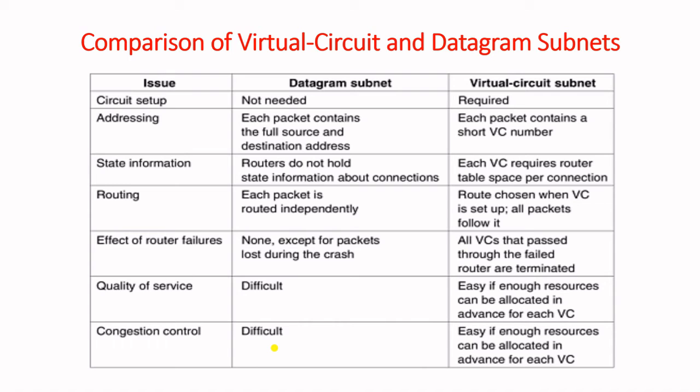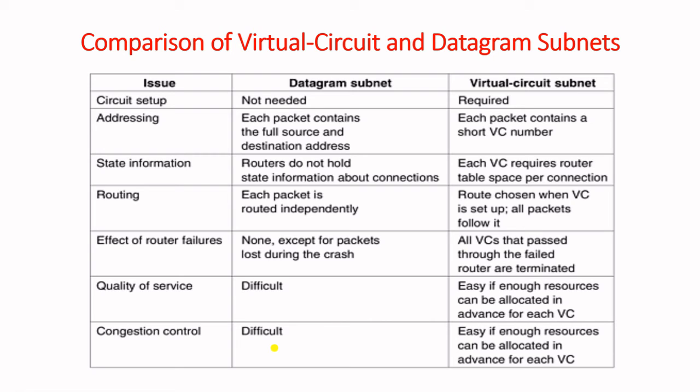Otherwise, there is no effect on the packets, because in datagram subnet, if any router fails, the packets can follow a different route with the help of a different router. But in case of virtual circuit subnet, all the virtual circuits that pass through the failed router are terminated. All the VCs are terminated, which means there is no possibility of communication at that time.